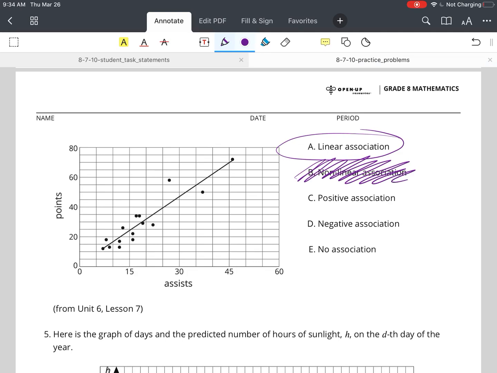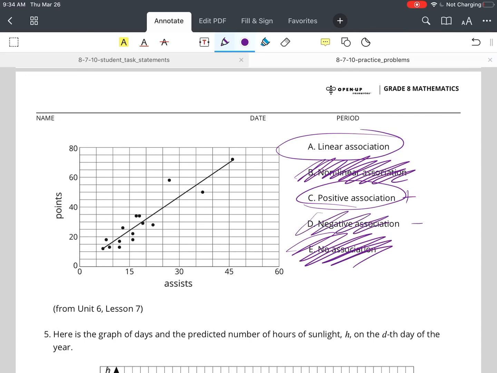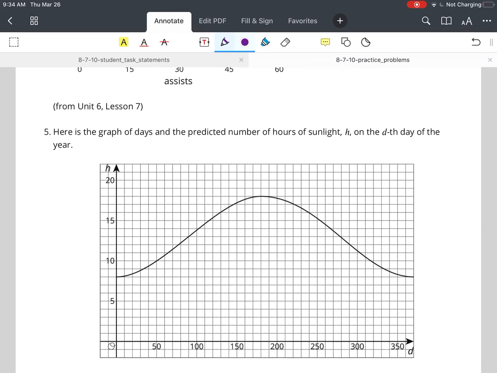Sorry, non-linear as in, is it not a line? It's linear. Okay, it looks like a line. Is it increasing or decreasing? Is it positive or negative? It's positive, right? And automatically, because there is an association, it can't be negative. So this is a positive linear.